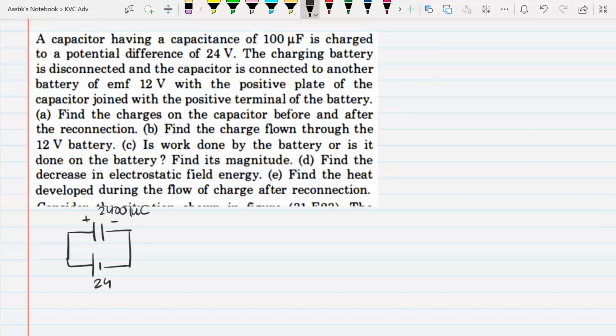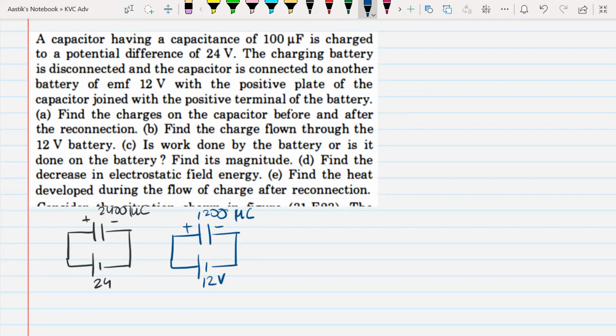Yes or no? Yes, sir. Then it is changed. The positive is connected to positive, so it becomes like this, 12 volt. This is plus, this is minus. It now becomes 1200 microcoulomb.